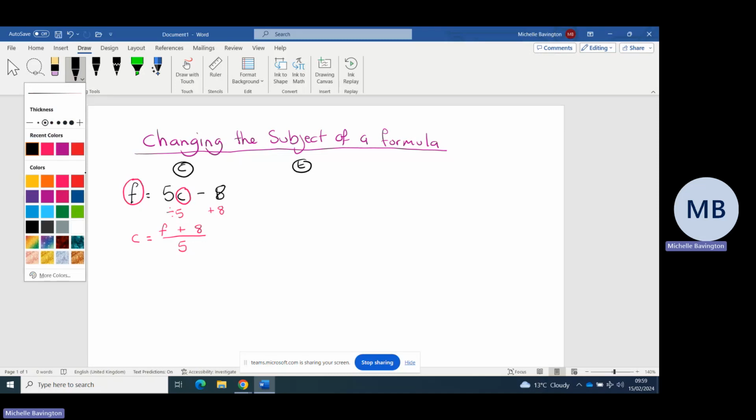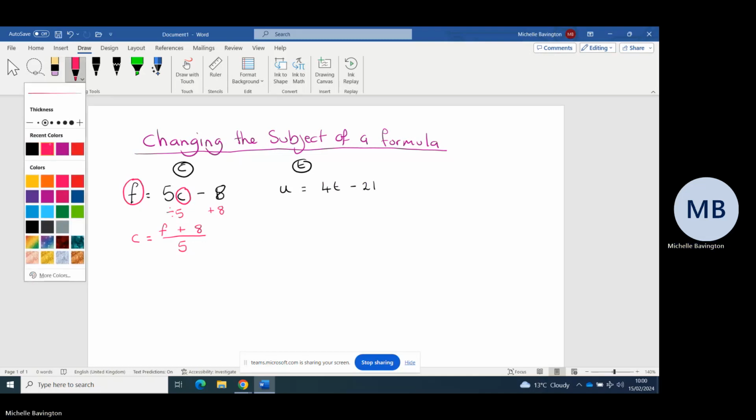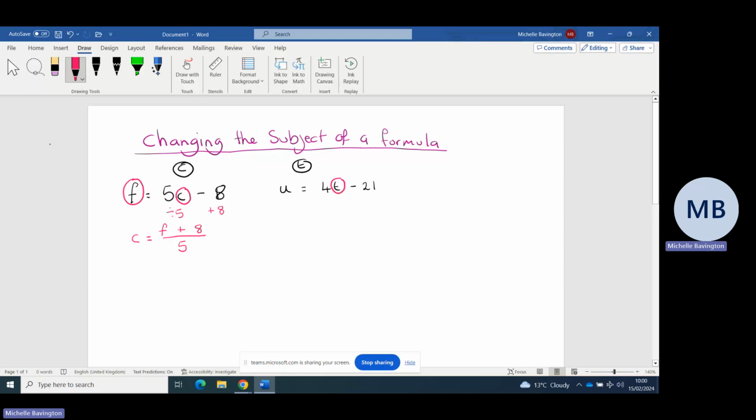So we've got U equals 4T minus 21. We've got to make t the subject. So in the exam, I would go, right, we've got to make that the subject. So now I'm going to do the opposite. Plus 21.